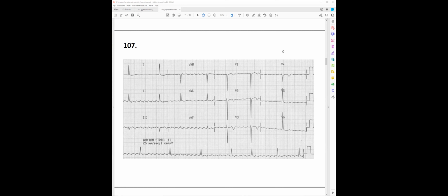So it's completely independent of where the impulse is formed and what kind of conduction abnormality or impulse formation we have. Similarly to the pulse, you are looking at the pulse and you know what the ventricular rate is, and that's the heart rate. Okay, thank you.